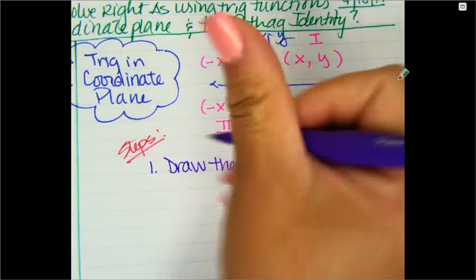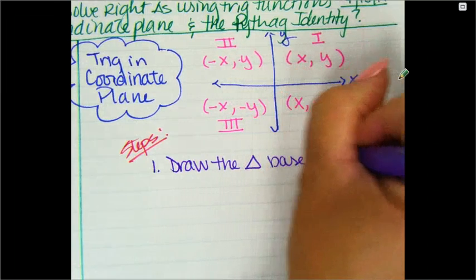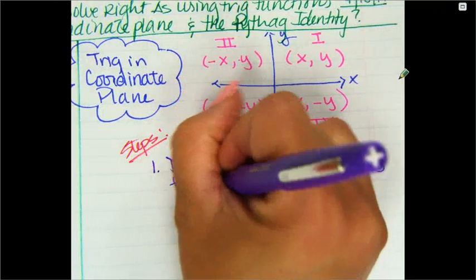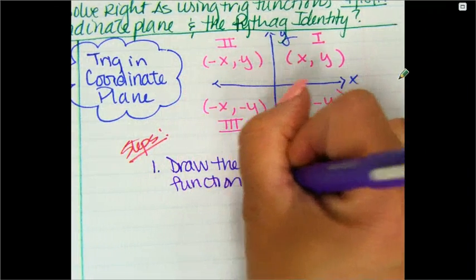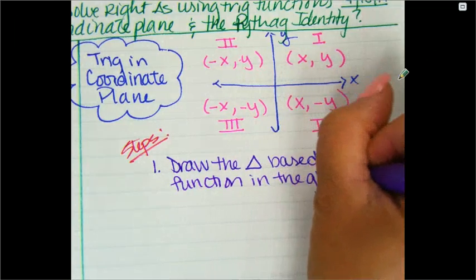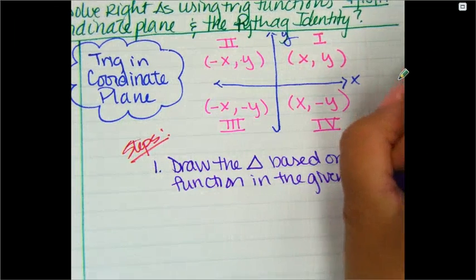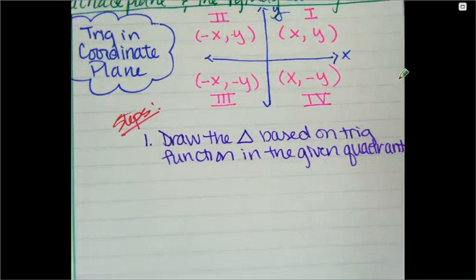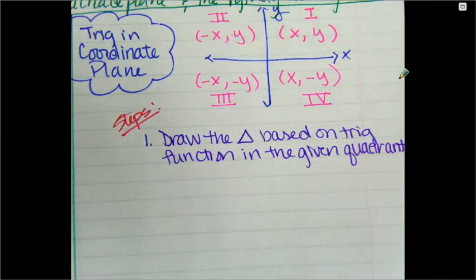So we're actually going to draw the triangle based on the trig function in the given quadrant. So if it says to draw in quadrant 1, then I'm going to draw it in quadrant 1. If it says to draw in quadrant 3, then I'm going to draw in quadrant 3. Okay? Second step.